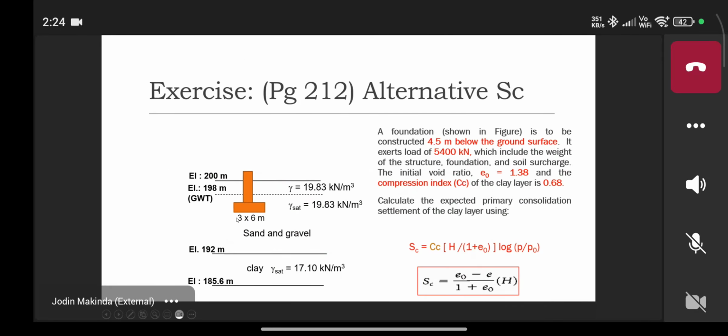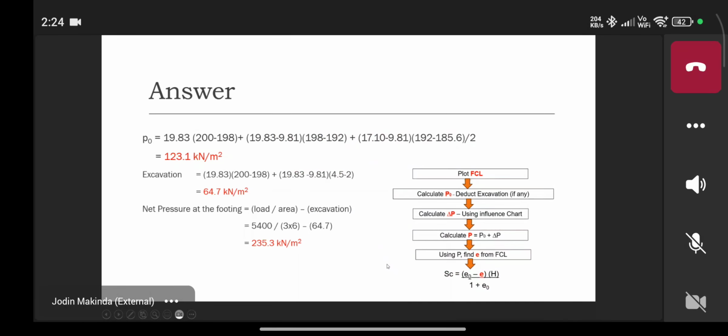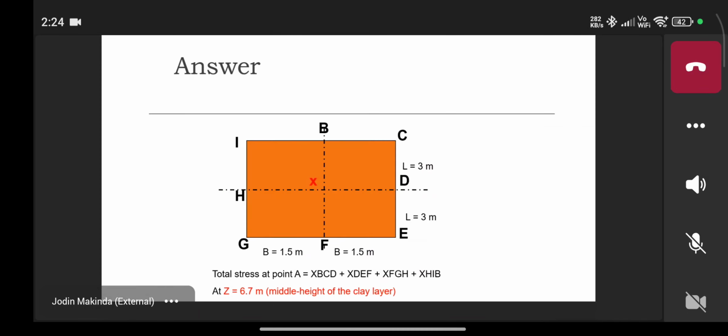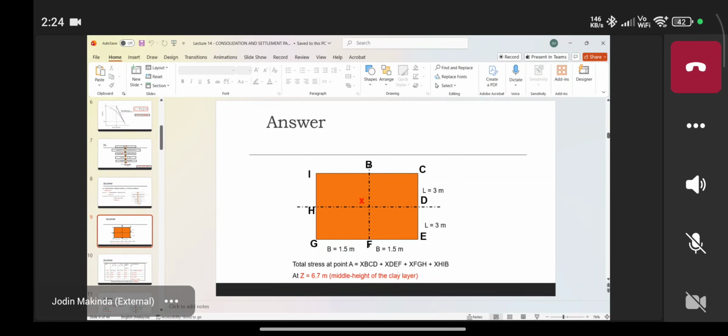Z is the value from the base of the structure here, 3.6, until the middle of the clay layer. Therefore, in this case, Z is 6.7 meters.